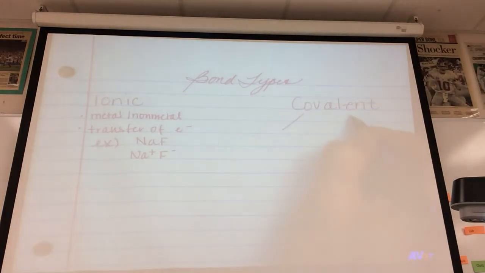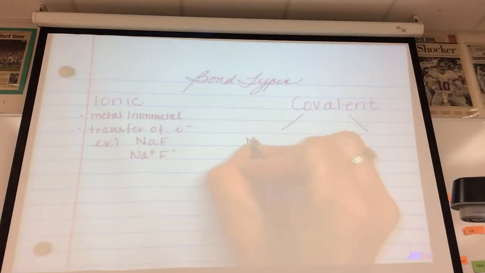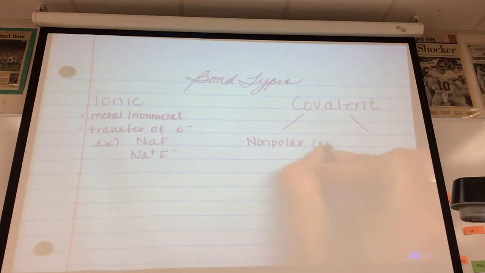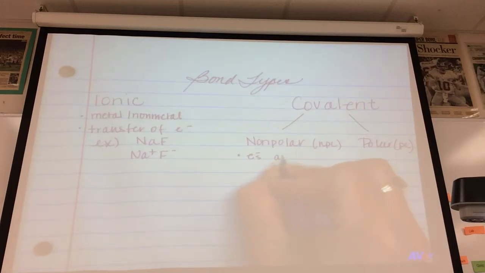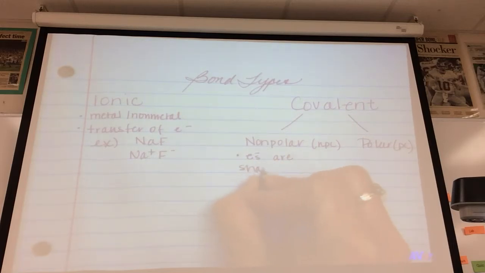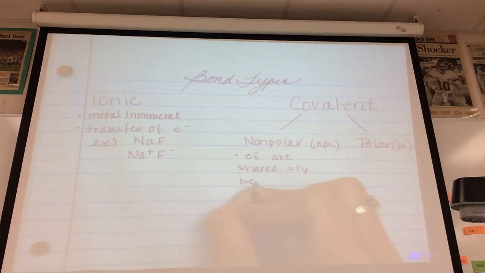In covalent compounds, you have nonpolar covalent, we'll abbreviate NPC, and you have polar covalent, we'll abbreviate PC. In a nonpolar covalent, electrons are shared equally between atoms.